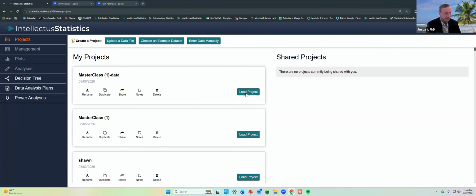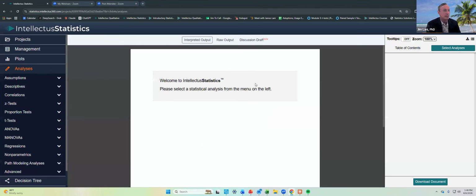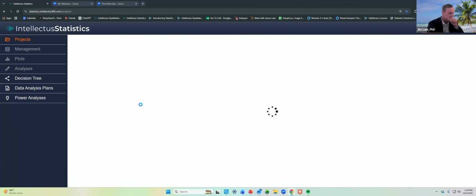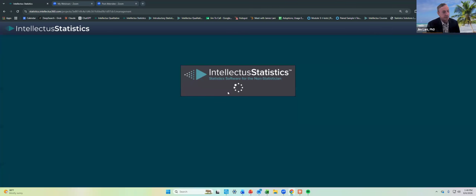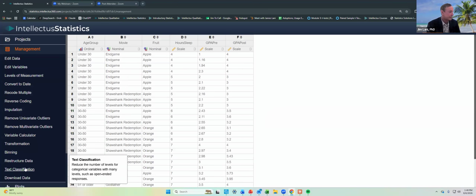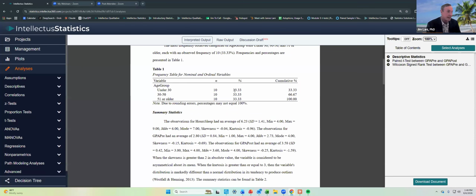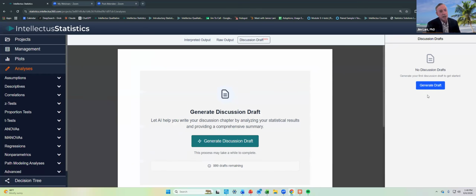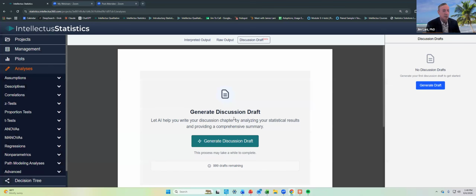And the results are all hard coded. The APA tables are hard coded. The AI is in the discussion draft.